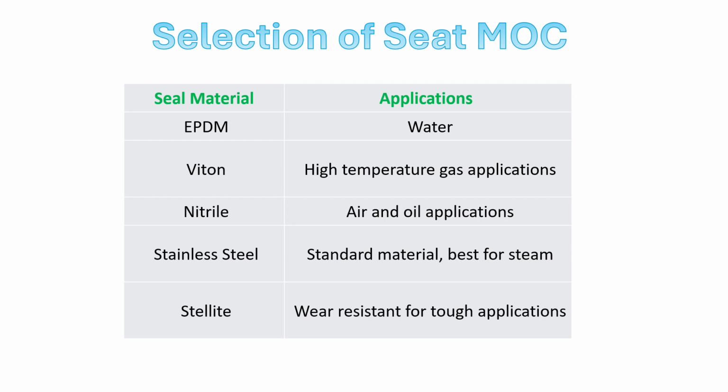Next, we just discuss the selection of seat MOC. We have listed: EPDM type seat MOC is used for water applications, Viton type MOC is used for high temperature gas applications, nitrile rubber is used for air and oil applications, stainless steel seat material is used for standard materials, or it is basically suitable for steam or high temperature applications, and stellite is wear resistant for tough applications like in aerospace industry valves, or where the possibility of wear and tear happens.